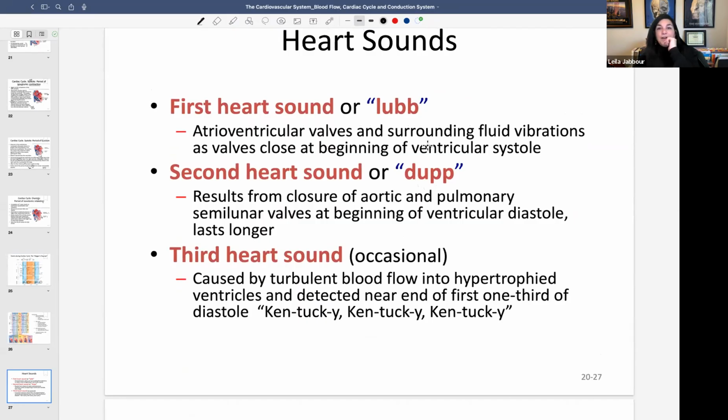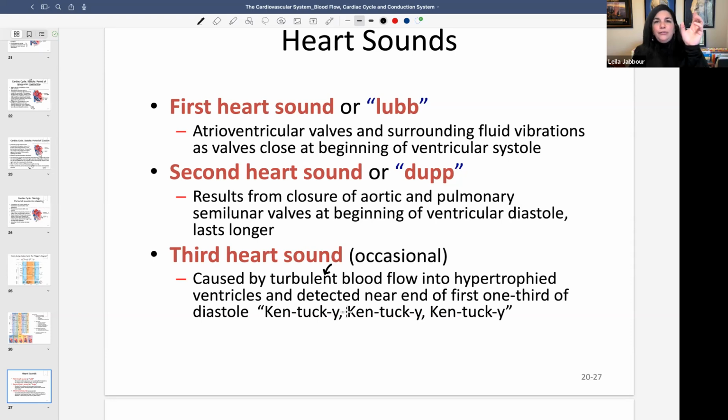So the AV valves closing makes that first sound, and then the aortic and pulmonary semilunar valves closing make up the second sound. Now the third sound, occasionally you can catch that, is caused by the turbulent blood flow into hypertrophied ventricles.